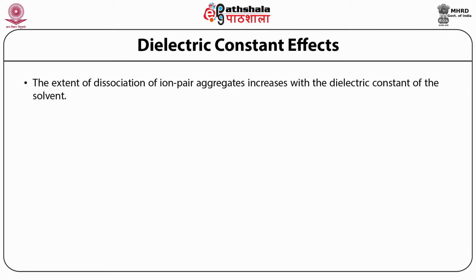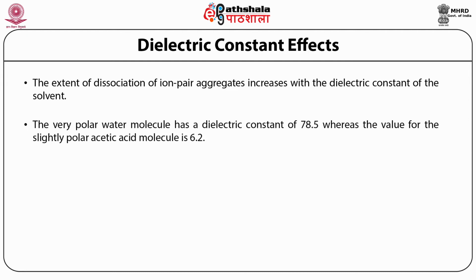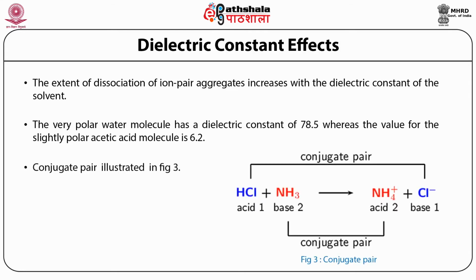The dielectric constant of a vacuum is arbitrarily defined as zero. The very polar water molecule has a dielectric constant of 78.5, whereas the value for the slightly polar acetic acid molecule is 6.2. The conjugate pair has been illustrated in figure 3.